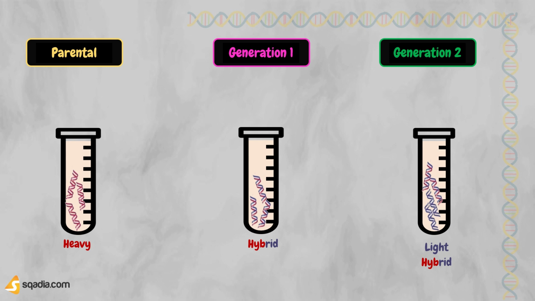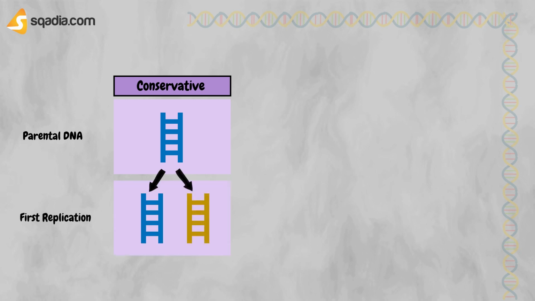Prior to this experiment, 3 hypotheses had been proposed for the method of replication of DNA. Let's discuss them and compare them to have a better understanding of semi-conservative replication. In the conservative model, an entirely new molecule is synthesized from a DNA template which remains unaltered.